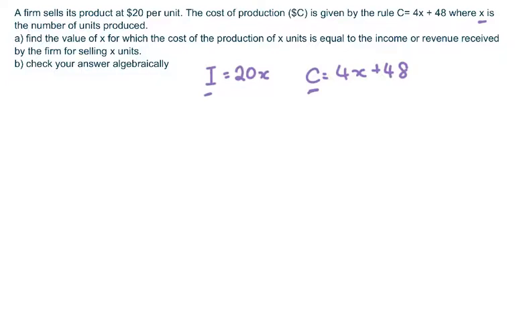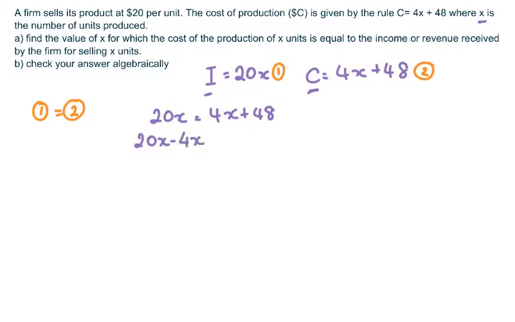So we're going to solve these simultaneous equations by algebra. If you remember, the first step is to number our formulas. And just like the question suggests, we're going to make them equal each other. So we have 20x equals 4x plus 48. What we want is all the variables on one side, so we do 20x subtract 4x equals 48, which gives me 16x equals 48.